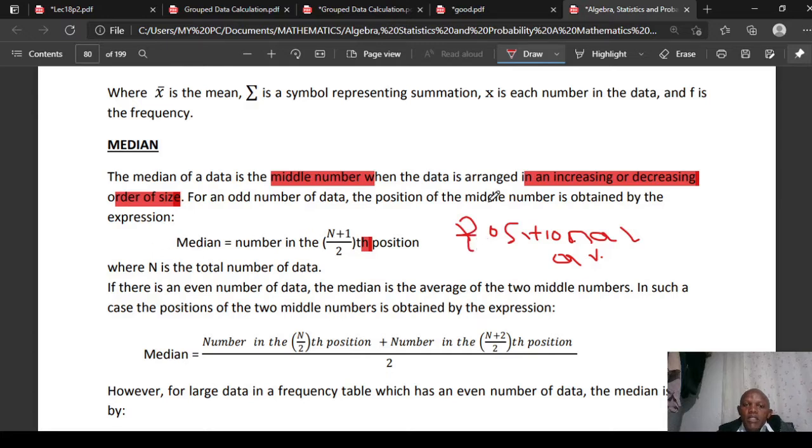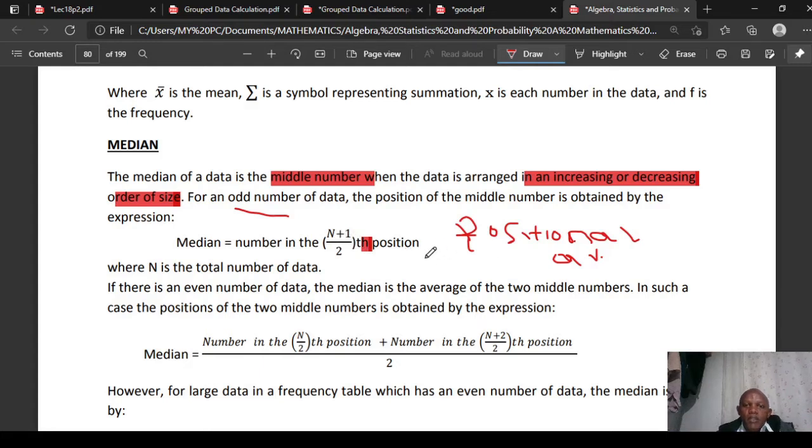So if the number of observations is odd, then the middle value will be given by (n plus 1) over 2, ith position.